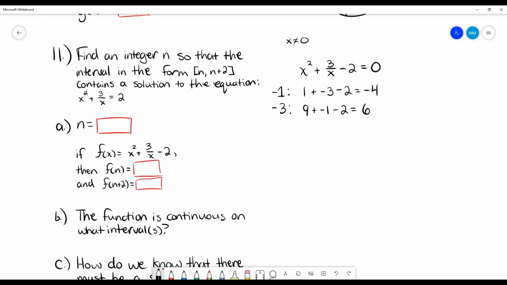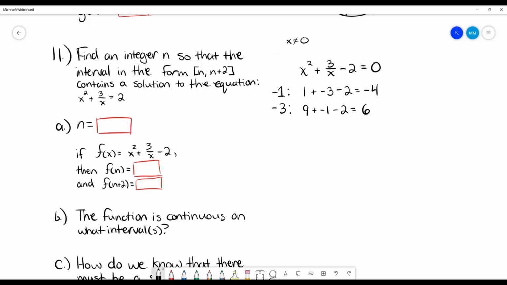So lucky us, it looks like this interval works. And because we've got a negative value and a positive value on it, there has to be a solution on that interval if the function is continuous on that interval, which it is. And that is by the intermediate value theorem.